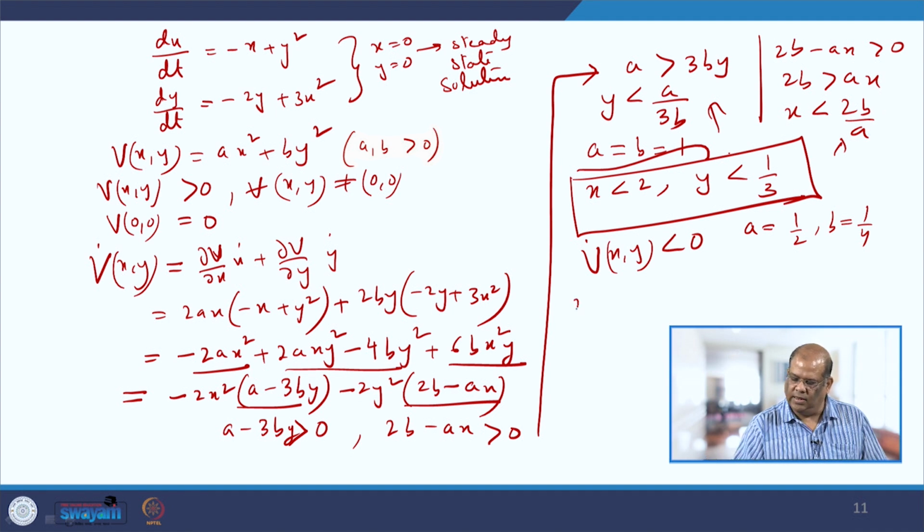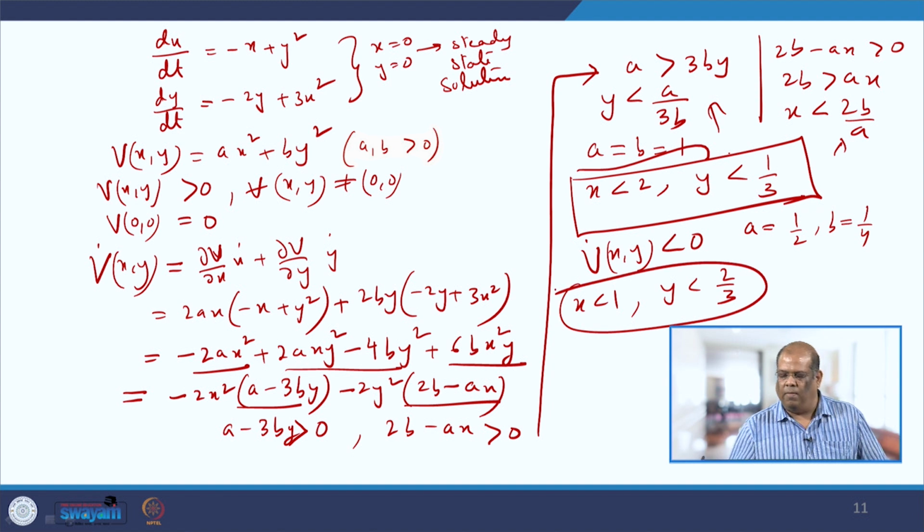I get x is less than 1 and y is less than 2 by 3. So, the condition changes, but you still attain the asymptotic stability. So, this is how your Lyapunov function is being used to calculate the stability of the system.